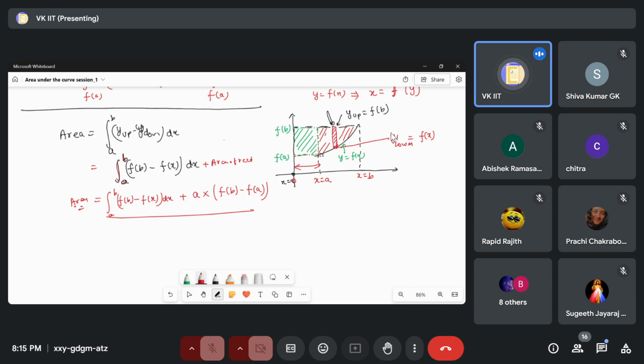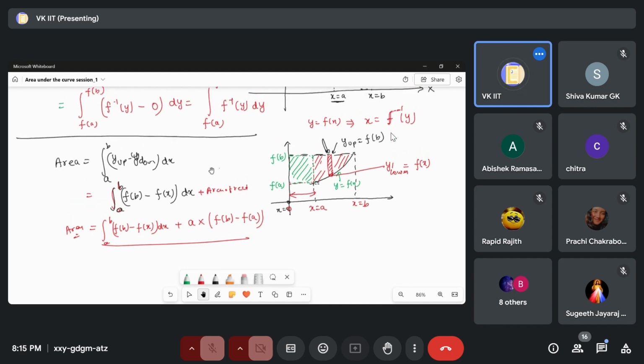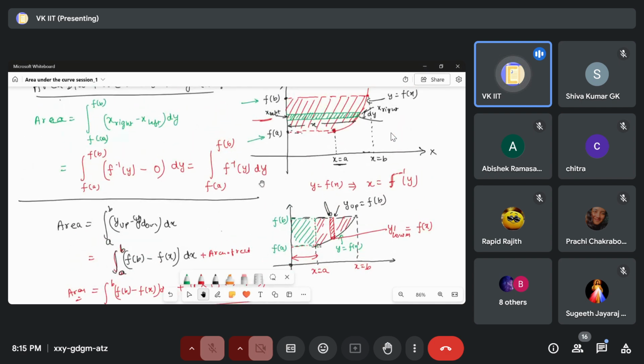So can you see that finding the same area for the same curve by the vertical strip is a little bit tedious if the curve is inclined more toward the y-axis.